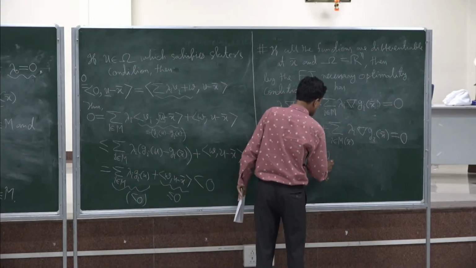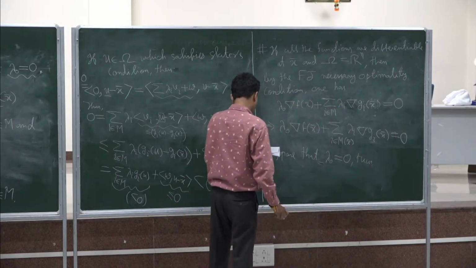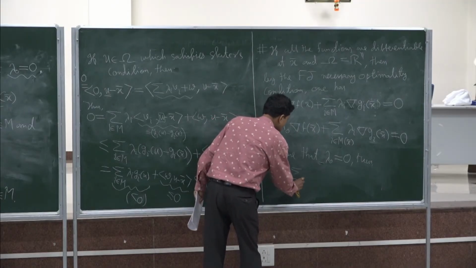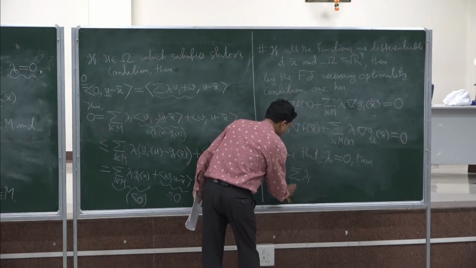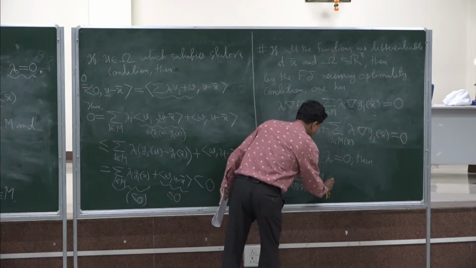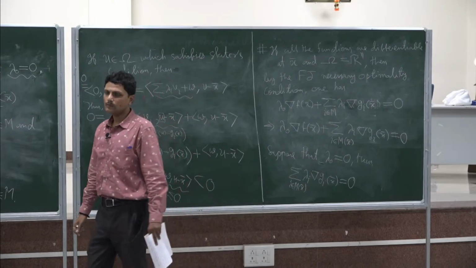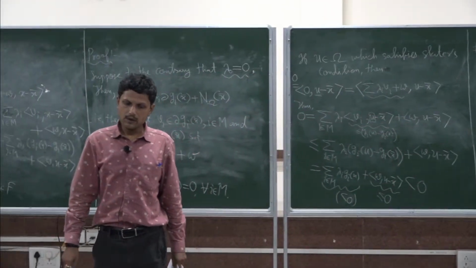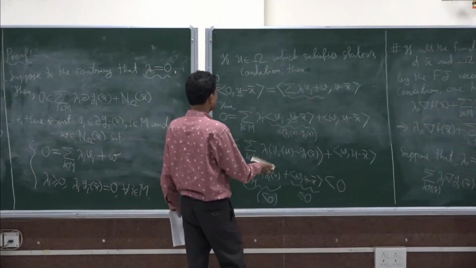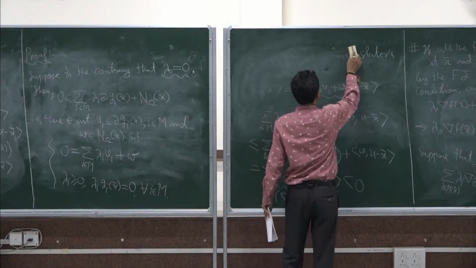So suppose that this lambda naught is equal to 0, then we have, if it is 0, then summation lambda I, I in M of x bar, gradient of Gi at x bar is equal to 0, right. Suppose we have an assumption that all these gradients are linearly independent, right.